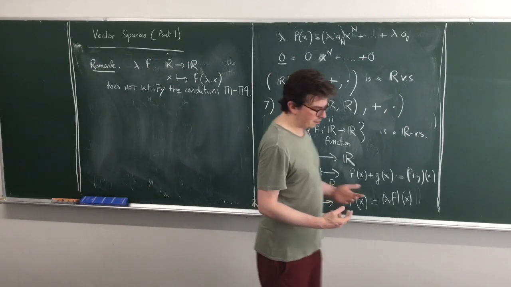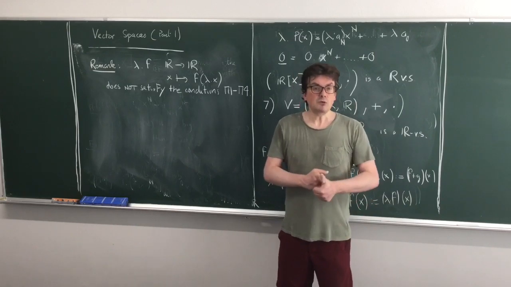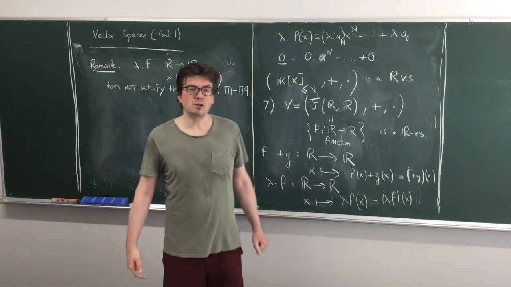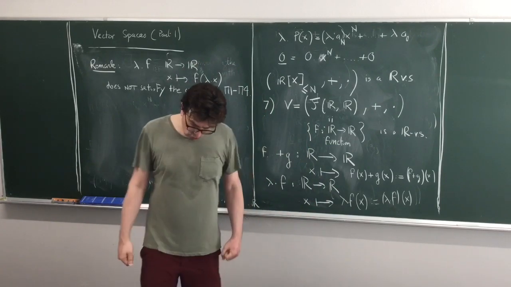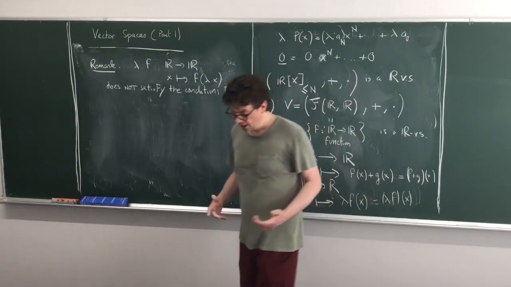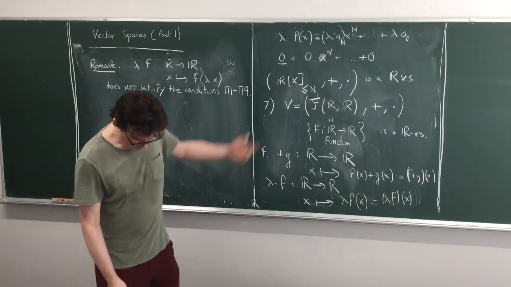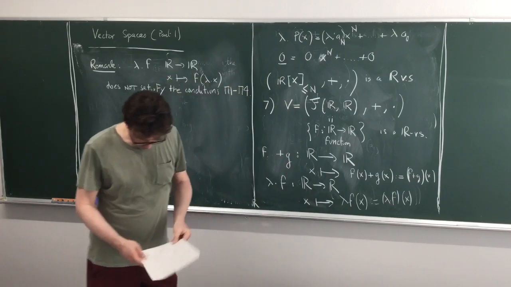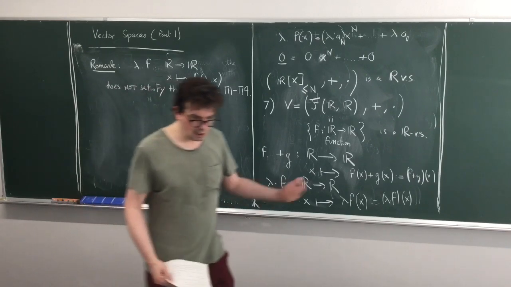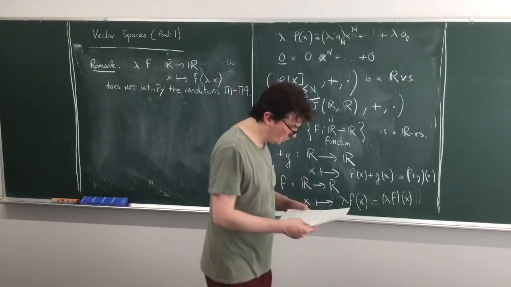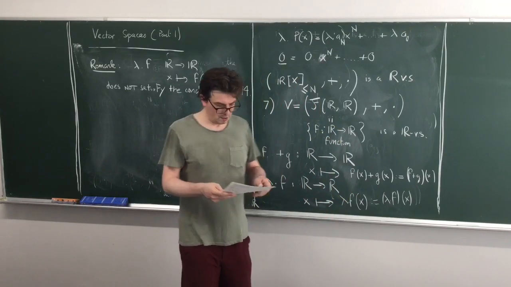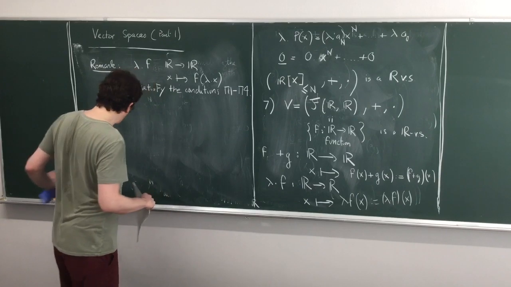You can take different things like matrices and functions. These are also R vector spaces. So vector space is a very general notion that can describe many different possibilities. There are many other examples, but I will stop with these seven examples. Now I would like to finish this lecture with a notion of subspaces.